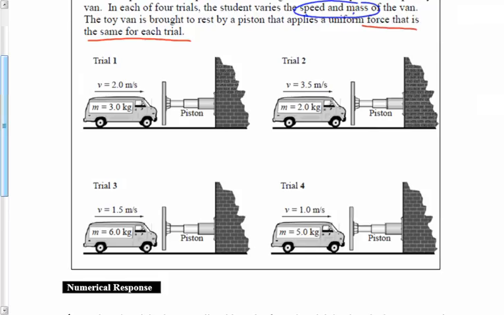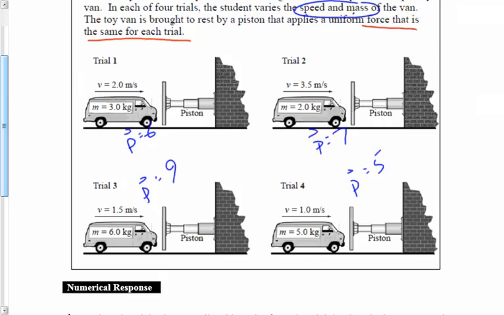They're 4 different cases, right? It's 4 different scenarios. You have 4 different vans of different mass, and you have 4 different initial velocities. So the impulse is not going to be the same for each of these 4. In fact, we know this one has a momentum of 6, this one has a momentum of 7, this one has a momentum of 9, and this one has a momentum of 5.